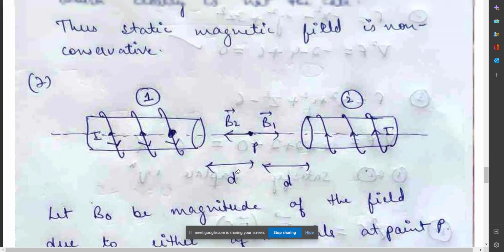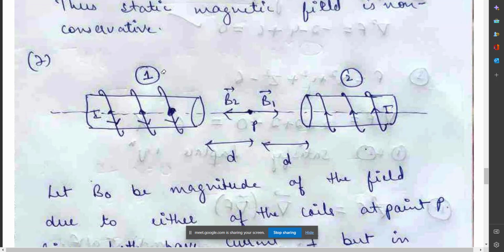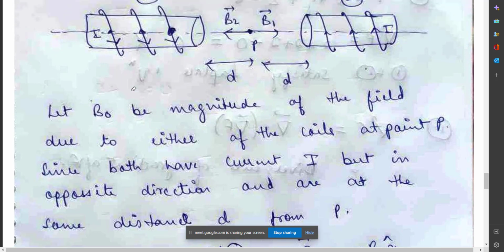So two circular coils are given. One has a current I, another has a current I but in the opposite direction. For one, the direction of magnetic field will be B1. For 2, the direction will be B2. The coils are at the same distance from point P. Let B naught be the magnitude of the field due to either of the coils 1 and 2.